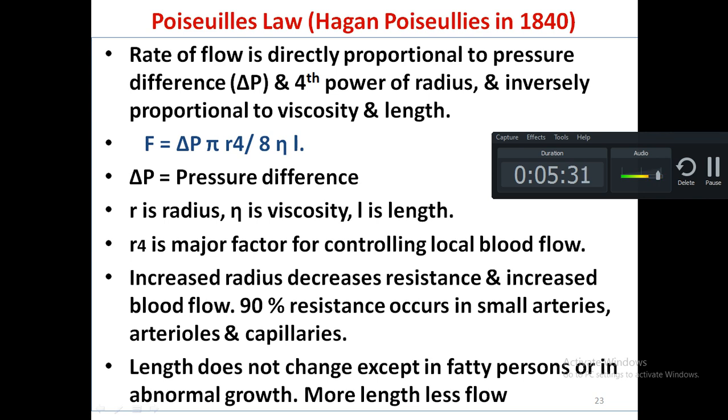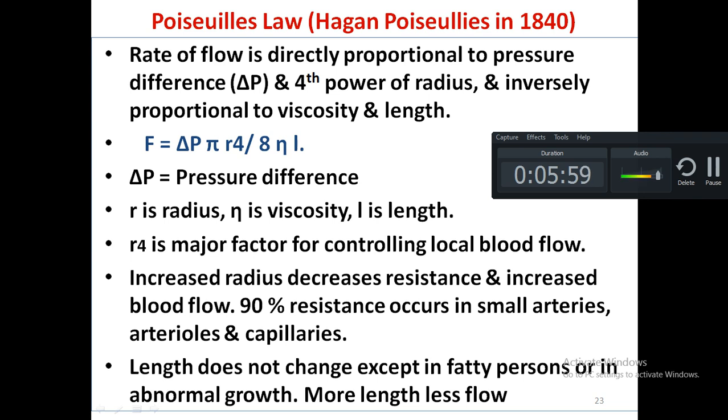Now, increasing the radius will decrease the resistance, and that will also increase the blood flow. It has also been estimated that about 11% increase in the vessel diameter will double the blood flow, and similarly an 11% decrease in the vessel will reduce the blood flow to 1/2.